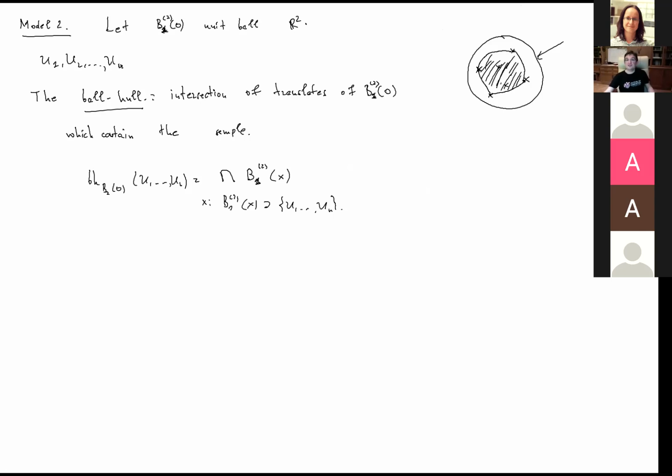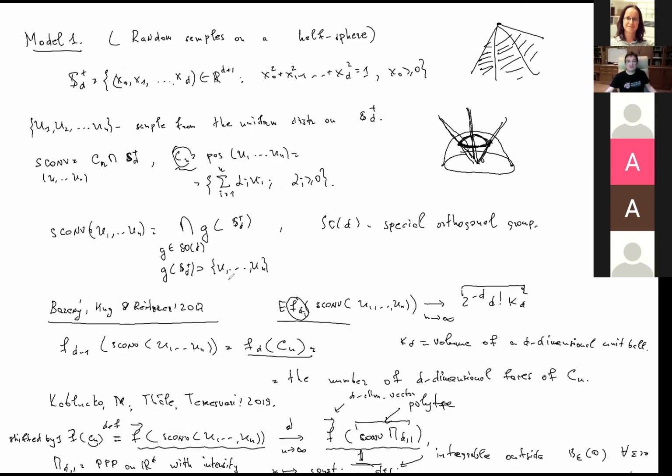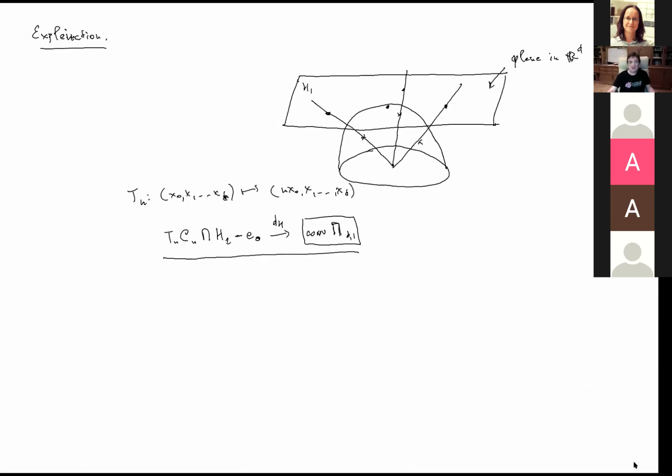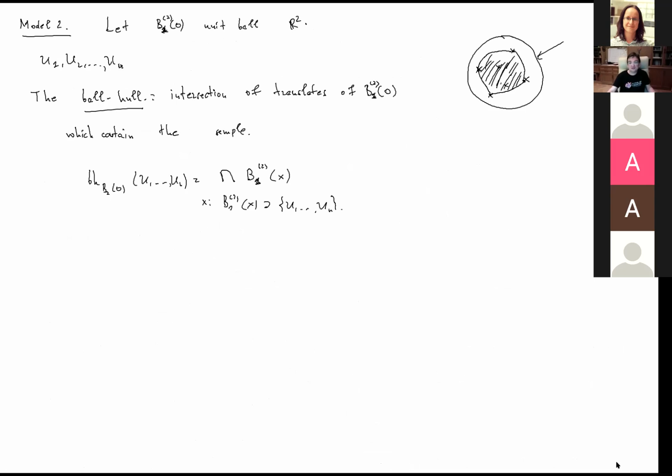And of course, with this representation and this representation, we see that the two models possess a kind of similarity, right? So we have some bounded manifold in a finite-dimensional space. We have a group. Here in the first model, this is a group of rotations, and in the second model, this is a group of translations.